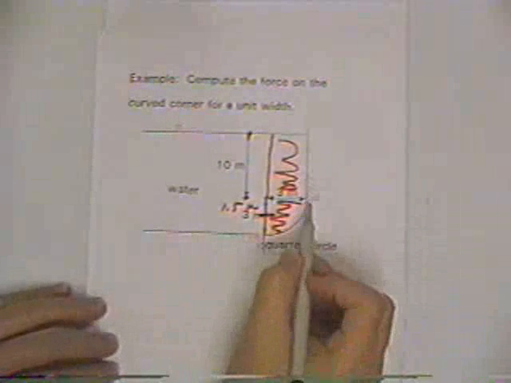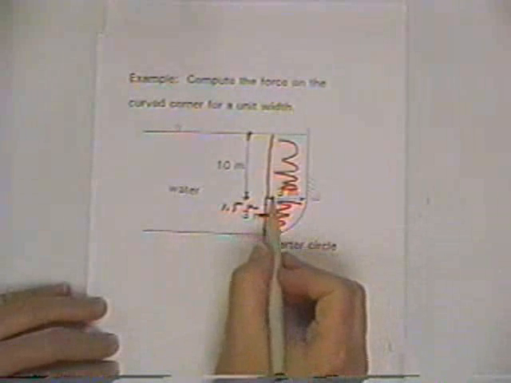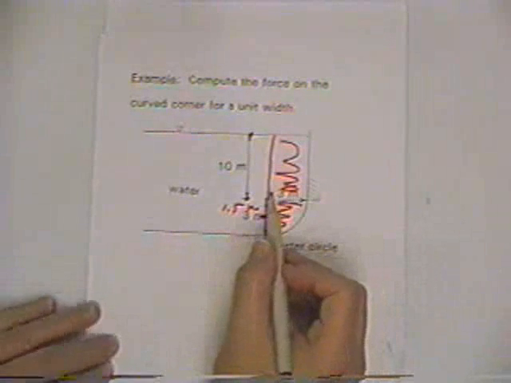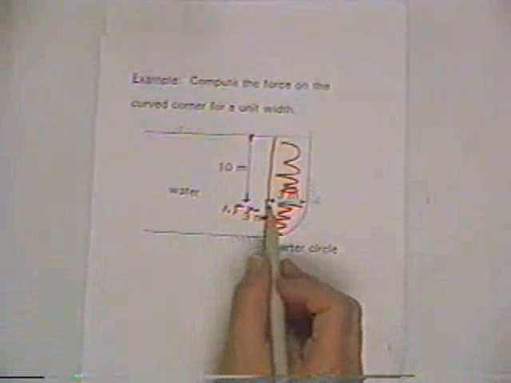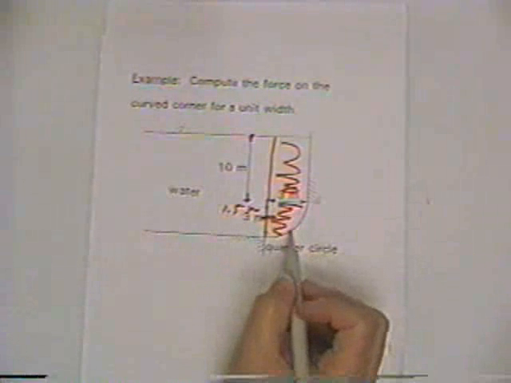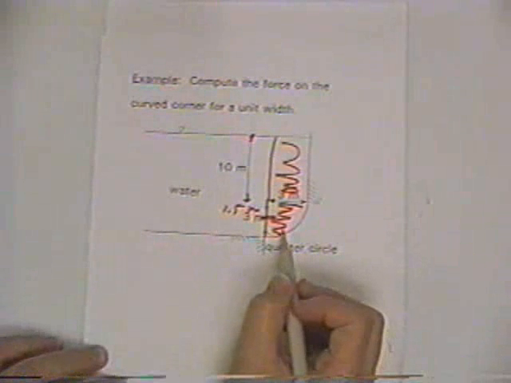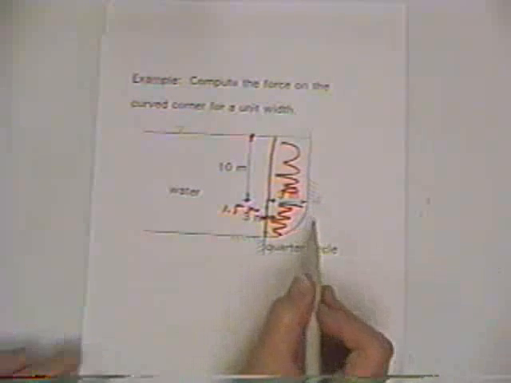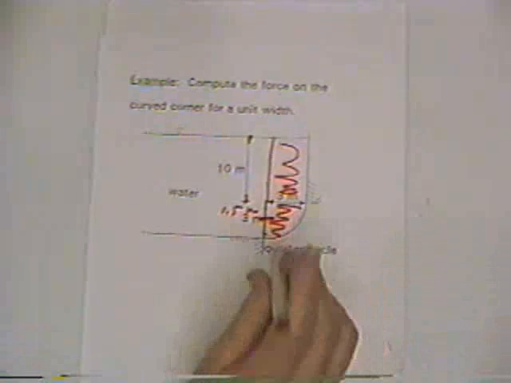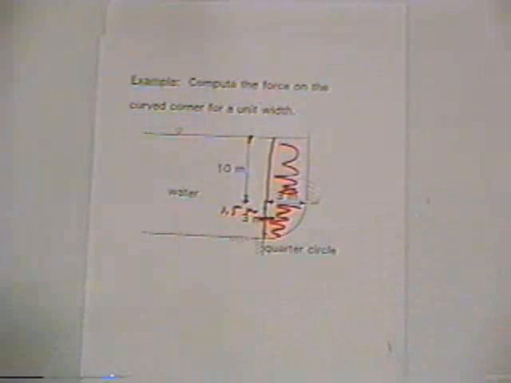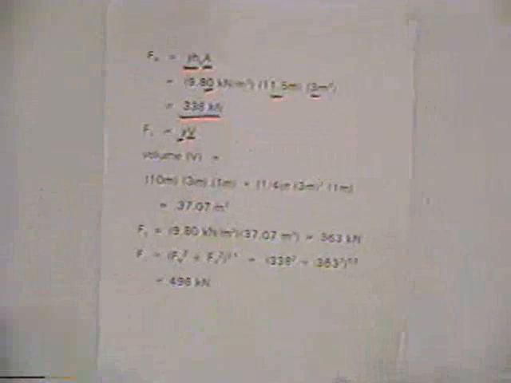And so again, we've got 1 meter coming out of the paper, and so we got 3 meters times 1 meter times 10 meters, and then we've got this area of a circle, which is 1/4 the radius squared times pi, and so we can get this area and then multiply it by 1 meter coming out of the paper.